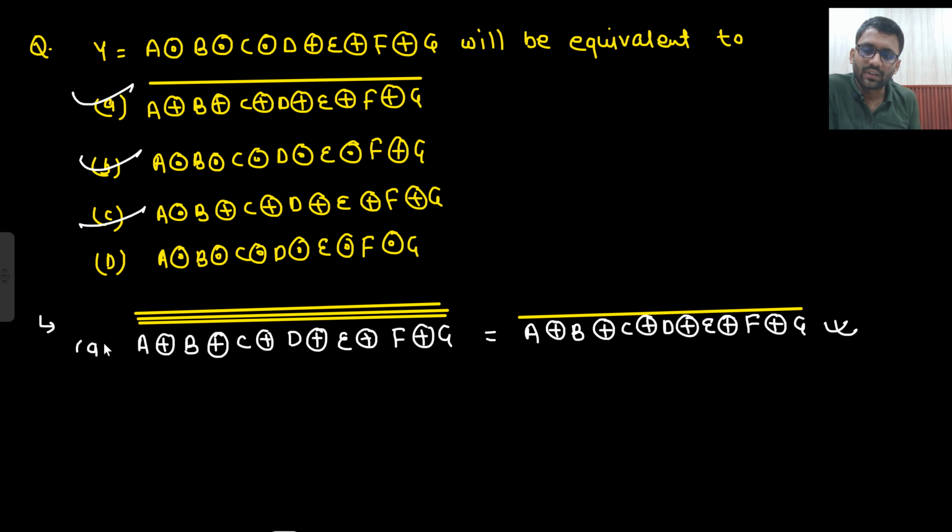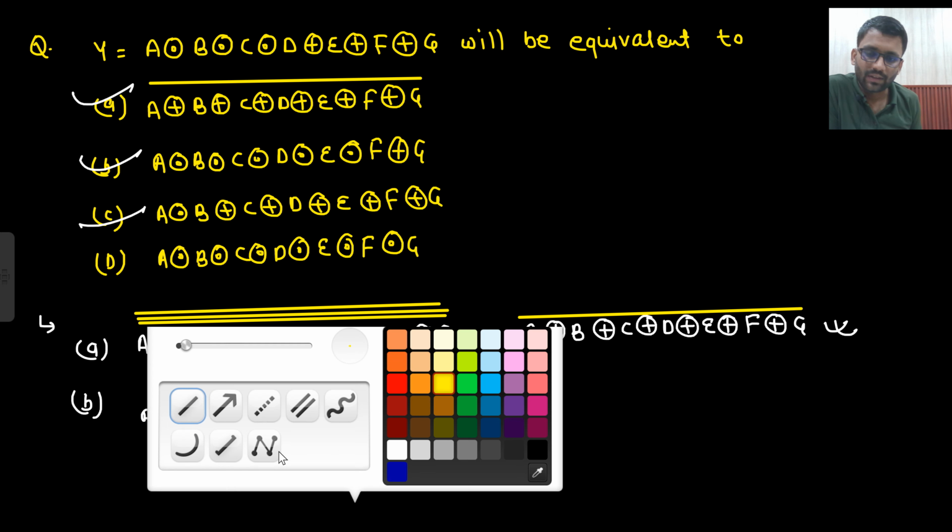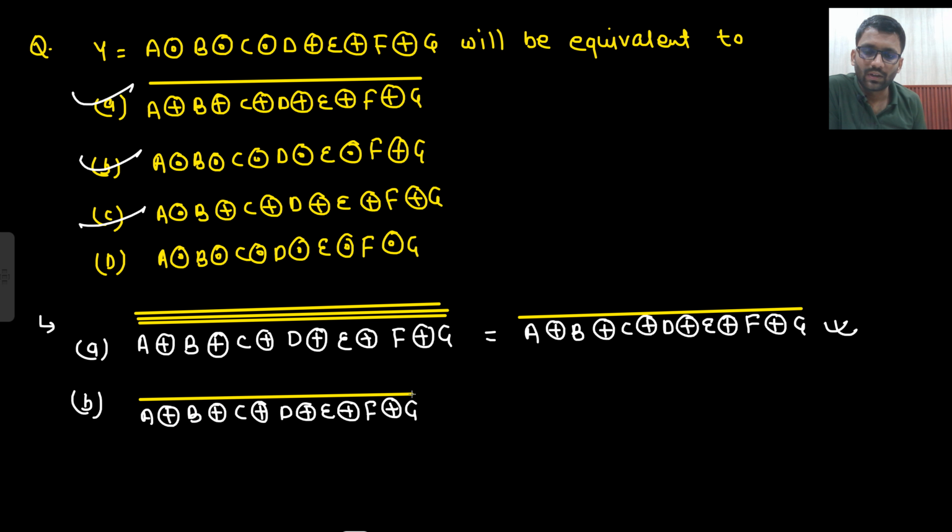If I go with option B, in option B 1, 2, 3, 4, 5 dots are there. If I need to convert these dots into plus, I will need to take 5 bars. 1, 2, 3, 4 and 5. I am taking 5 bar, 4 of them are getting cancelled.